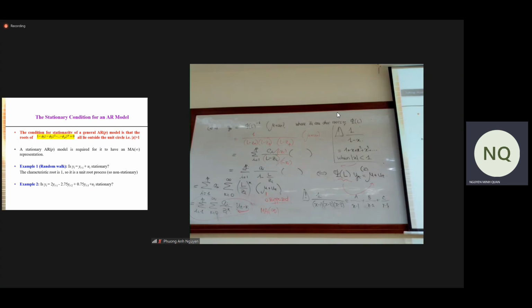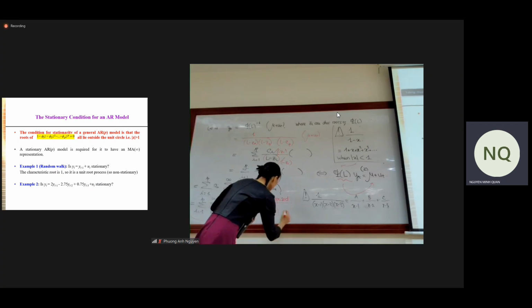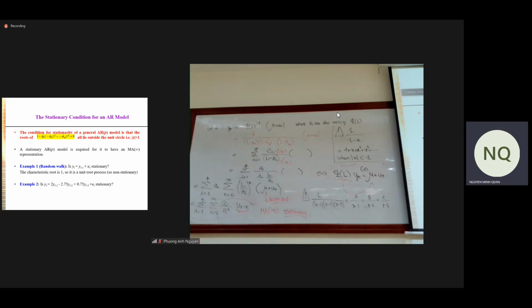And you remember that the MA model is stationary. So in case it works, we get something stationary. That's the idea to make the link between AR, after transforming, and MA. If it works well, it's exactly the same as the MA infinity model.